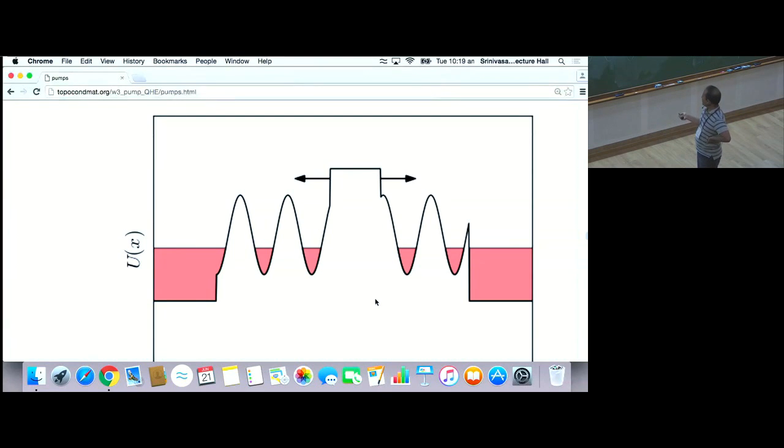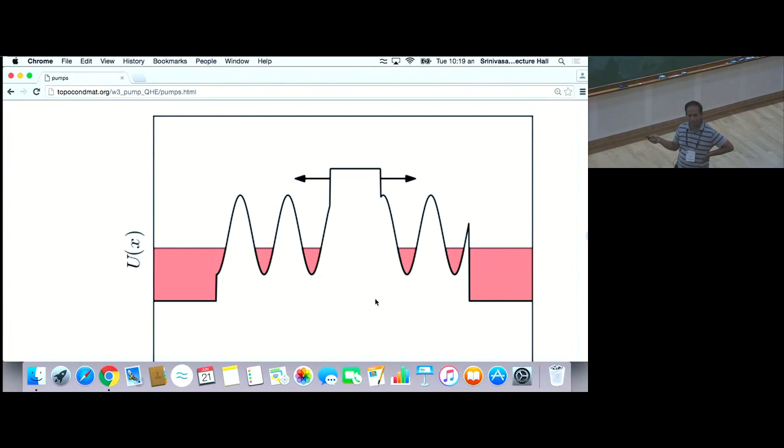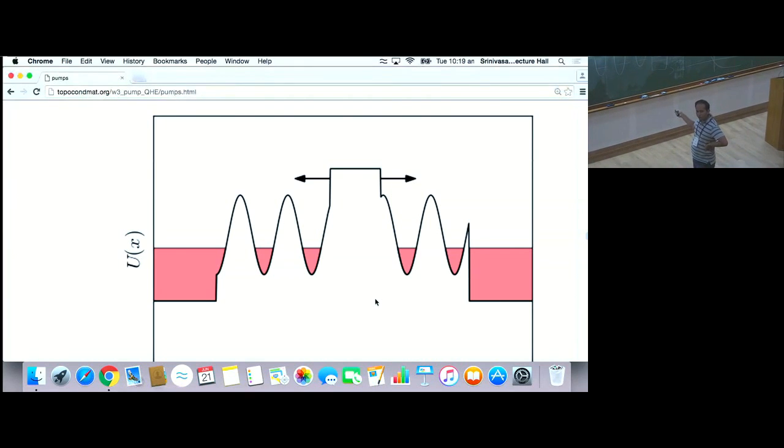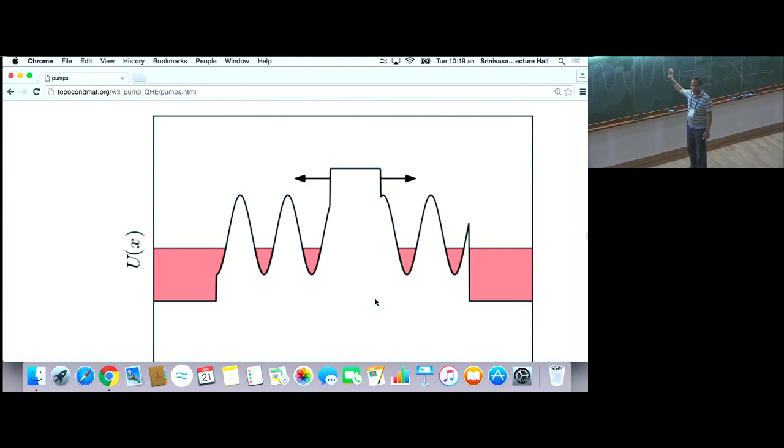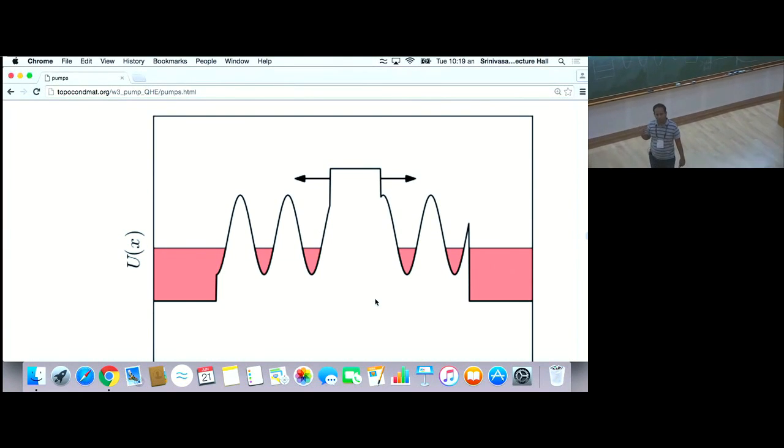And that lets me count how many electrons I had on the left and the right before I start. Then I lower it back down. I'm back to this potential. I shift my potential over by one period, and then I do this again. I dry out the pump again, and now I count how many levels are occupied to the left and how many to the right.